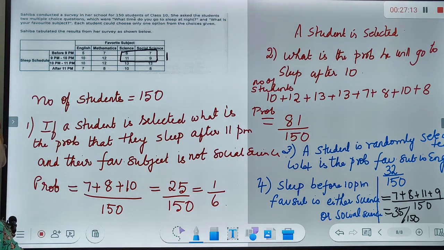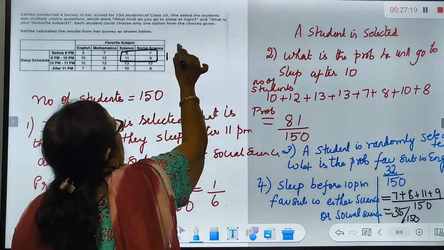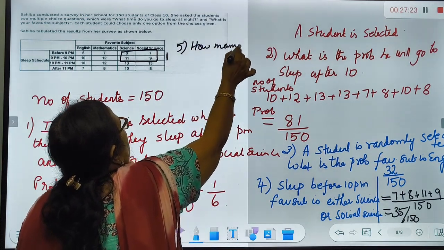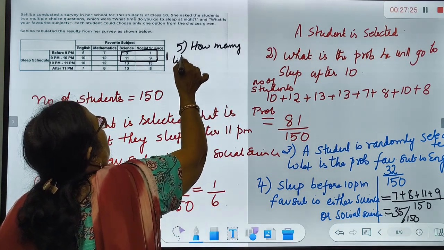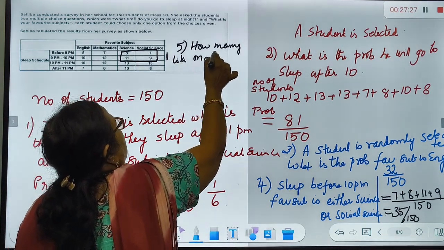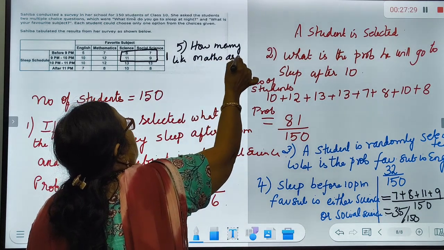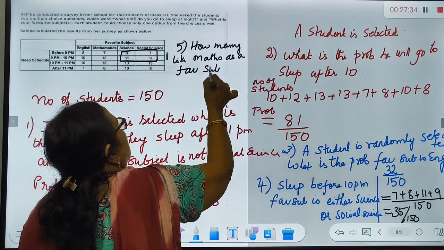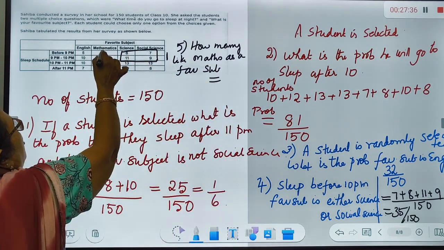Like suppose I ask you, a student is selected. How many people like maths as a favorite subject? Then you should know that you have to look at all this.